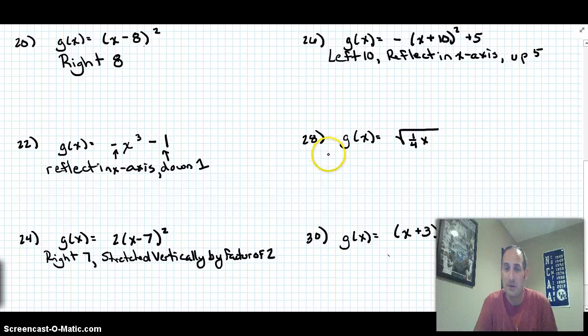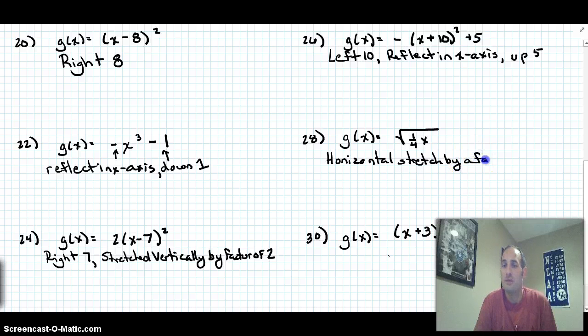And that's the only thing that's happening in this case, so I'm assuming you'll want to talk more about that one, but it's a horizontal stretch, or I don't prefer to use stretch as much as expand, but you get the idea. Horizontal stretch by a factor of 4. You can always figure out what that is, because it's going to be the reciprocal of what you're multiplying by on the inside there.